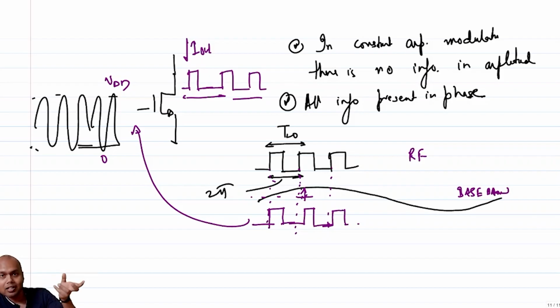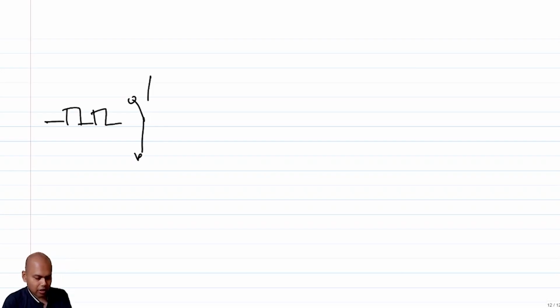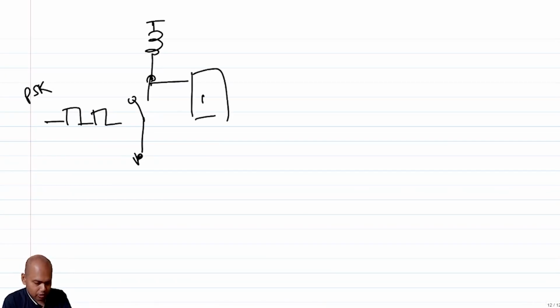I am not interested in the amplitude, which means that I can operate this PA as a switch, because a switch preserves that zero crossing information, correct? So I can operate this as a switch, where I have a constant amplitude modulated signal, let's say a PSK signal, that comes in, and I have this inductor here, and I have this matching network, and it goes to the antenna.